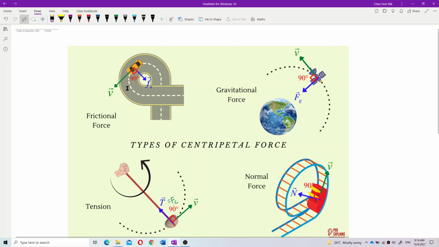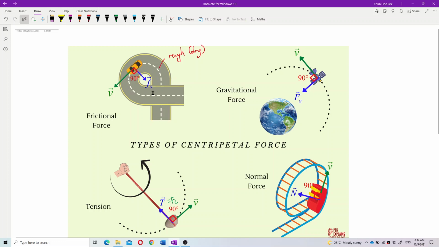This car also experiences circular motion. But how can the car move in a circular motion if there is no friction on the road? So the road must be rough enough, especially a dry road. A dry road has a lot of friction.